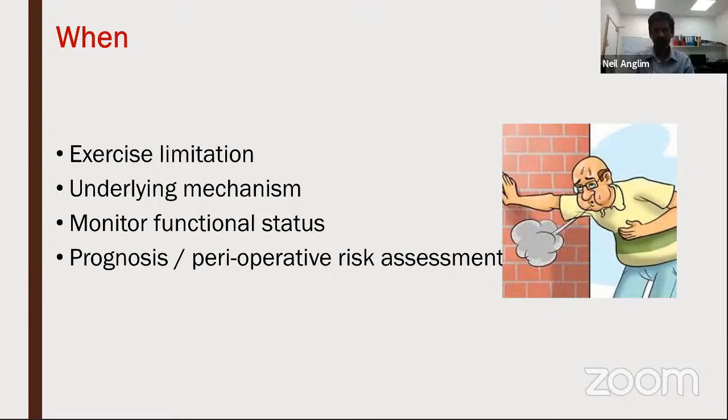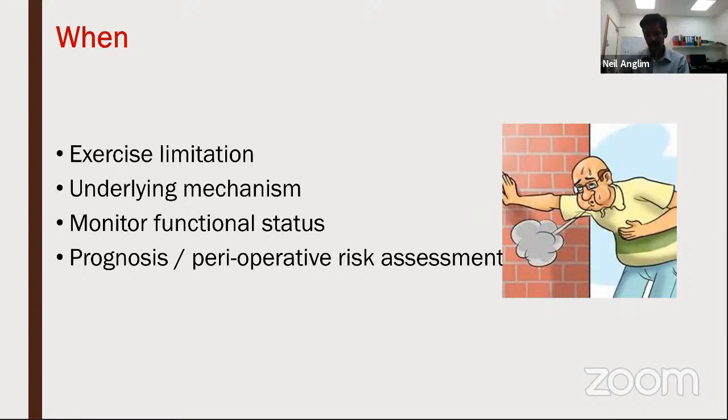So there are four important roles when you can use CPEX. One is to establish whether the patient has got exercise limitation or not. This is especially important to know whether some patients' breathlessness is truly due to deconditioning or truly due to underlying pathology.